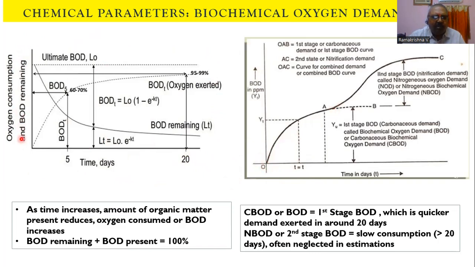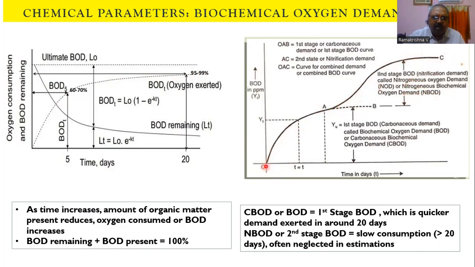In the second graph, the amount of oxygen exerted is 99%, and the second stage of oxygen requirement starts after that. That is what we call nitrogenous BOD, or second stage BOD. This again starts after 20 days.